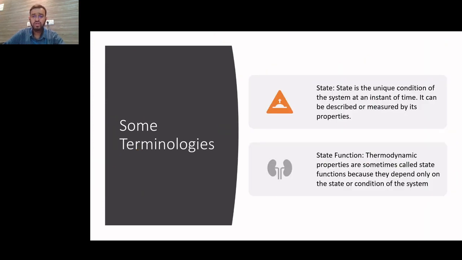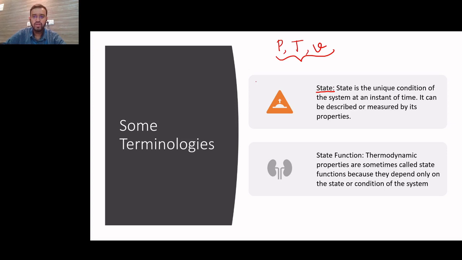Then we have to talk about the state of a system. All right. So a state is a unique set of conditions of the system at any instant of time. It can be described or measured by its properties. So for example, you have today's weather. We know the atmospheric pressure, we know the temperature, we probably know the wind speeds. Okay, so using certain parameters, we know the state of the atmosphere.